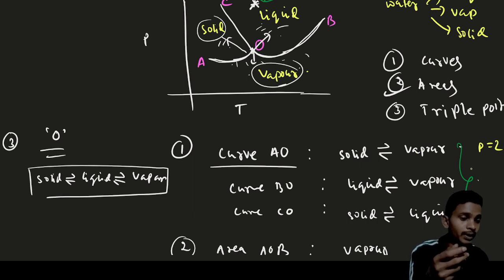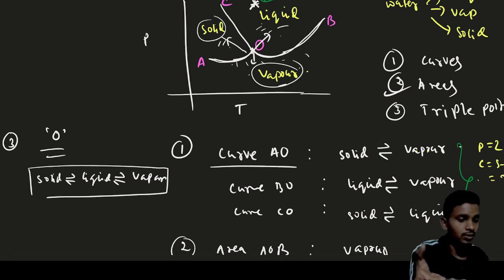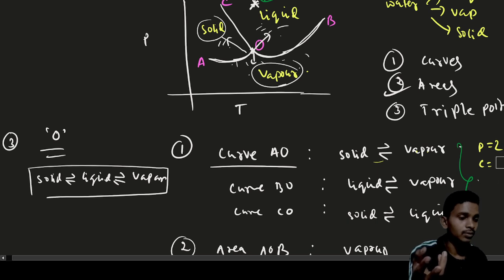Also, component means S minus R, where S is the number of individual species, 2, and R is the 1 equilibrium condition, so C is 1. And degrees of freedom means F equals C minus P plus 2. So C is 1, P is 2, plus 2, that is equal to 1.